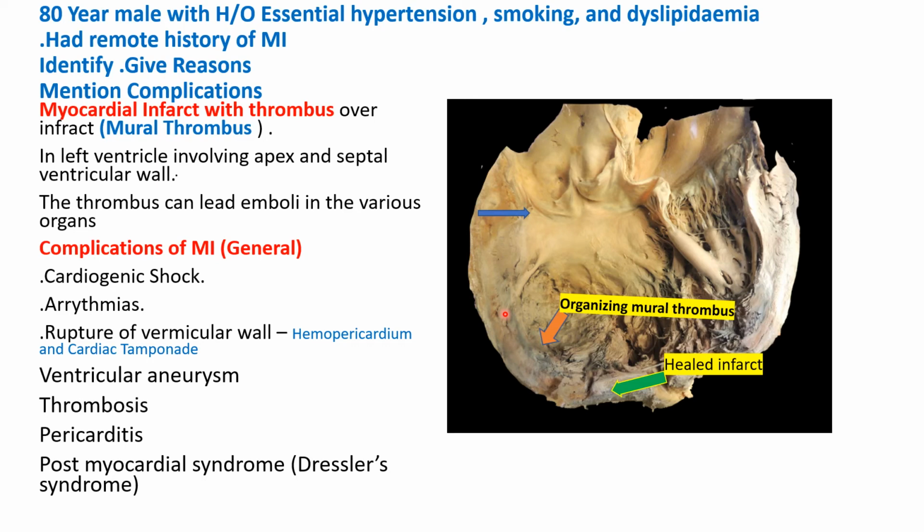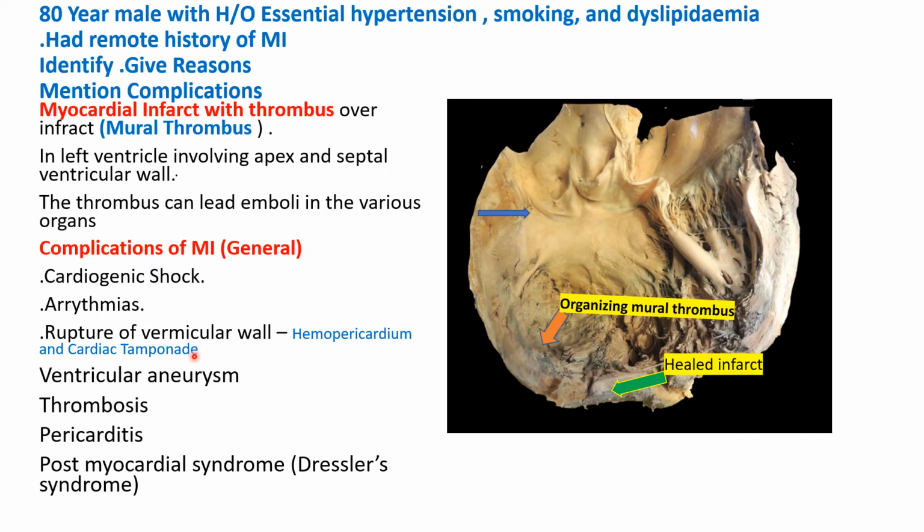And in acute or severe cases, if the full thickness of the myocardium is involved, it gives way and there may be rupture of the ventricular wall, sorry for the spelling mistake, leading to hemopericardium or what is known as cardiac tamponade.